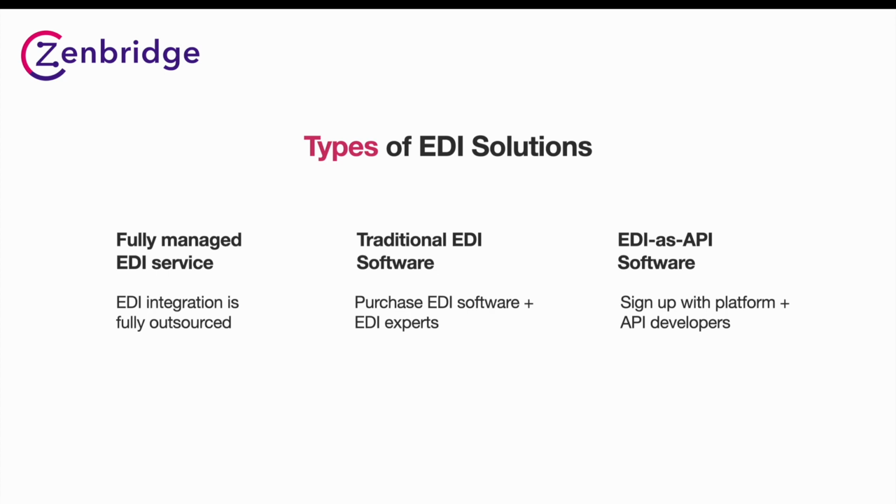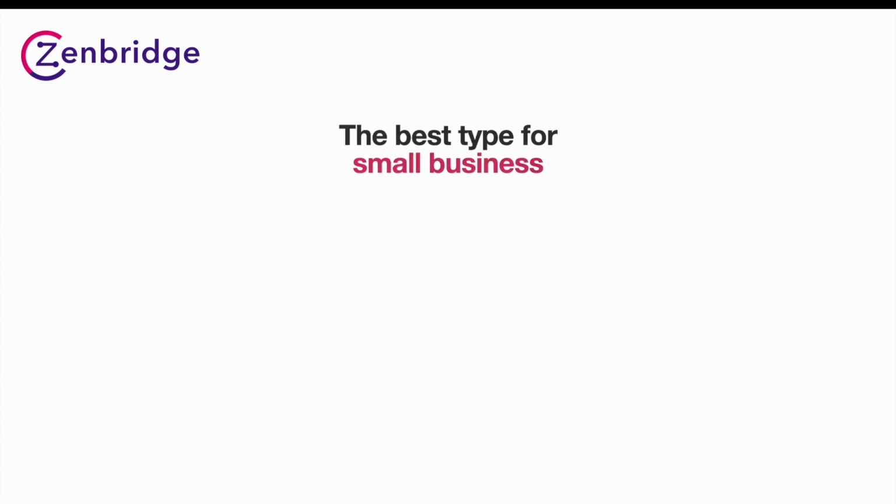You can just hire an API developer and they probably don't need a lot of EDI expertise, but they could still perform EDI integration. The upside here is API developers are the most commonly available programmers in the market. Now, in summary, these are the different types of EDI solutions.